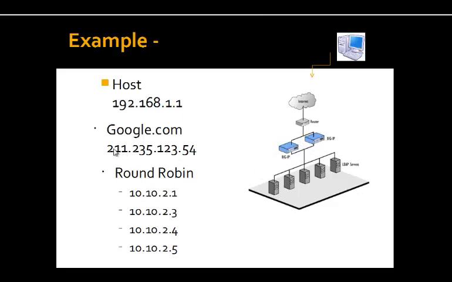So here we have the virtual server. We then go and hit the pool that 211.235.123.54 is associated to. Depending on the load balancing method that you have set up, it will distribute your connections out to here.